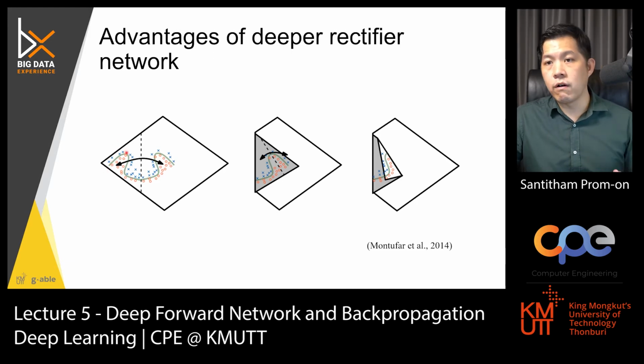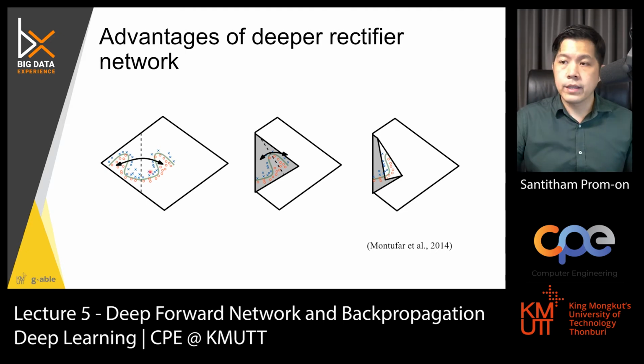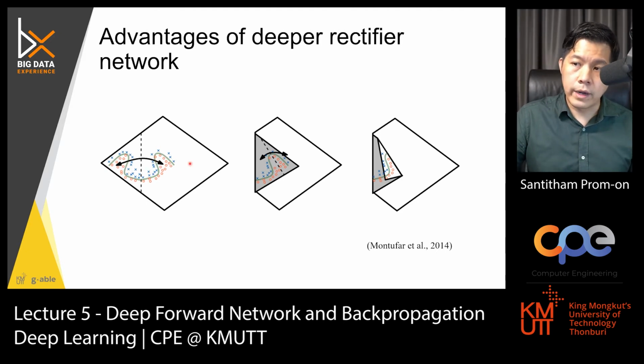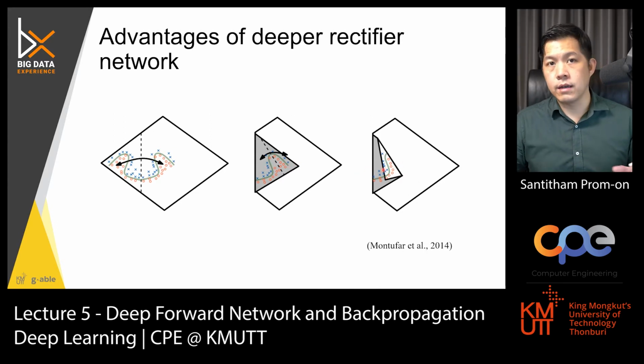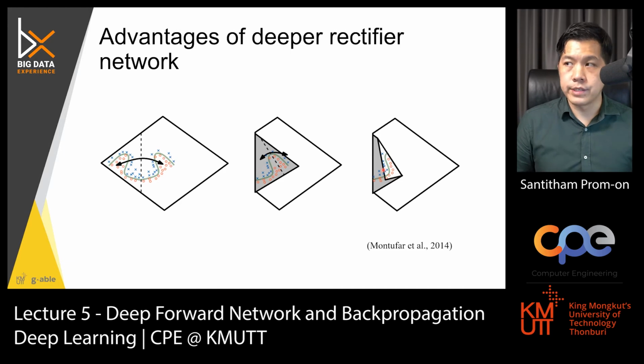It would transform the complicated surface into a simpler one. It would fold it together so that when it folds once, you get this simplified layer, the transformation of the points. When it folds again, you get a simpler cluster of points, and then you can draw a simpler line to account for the patterns here.